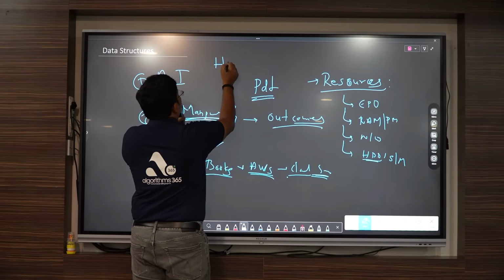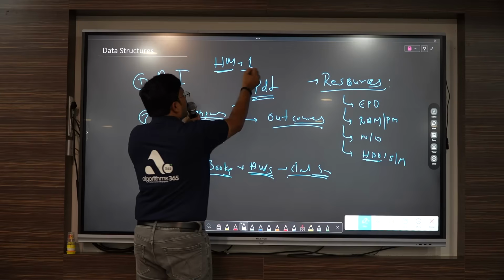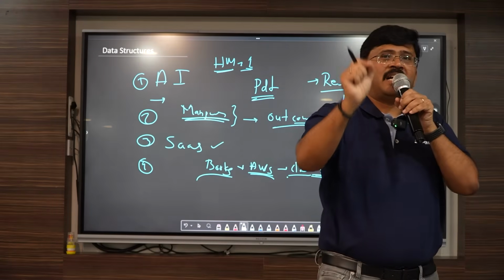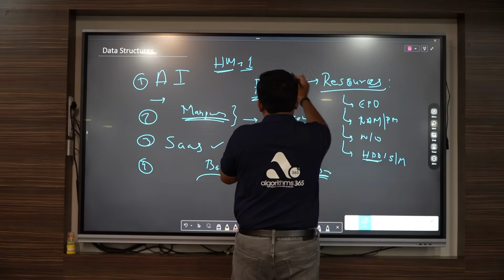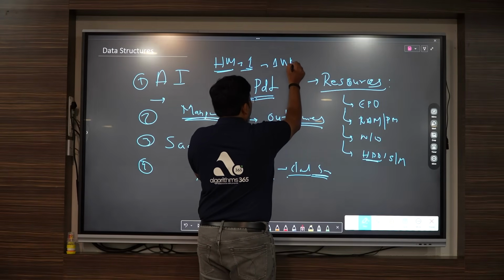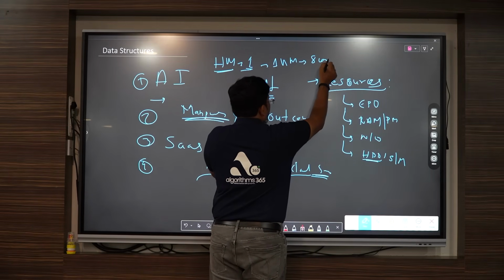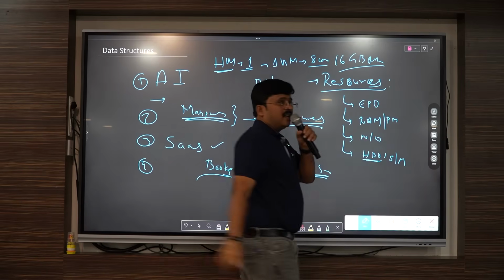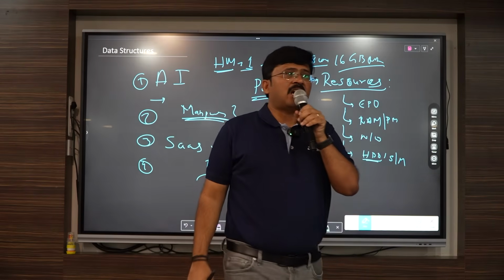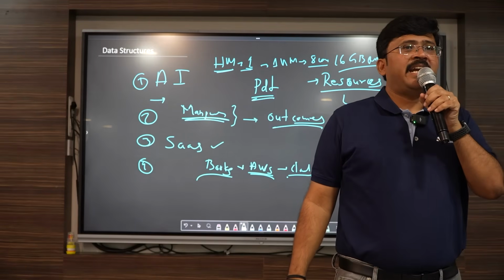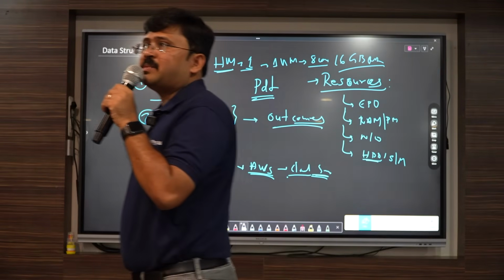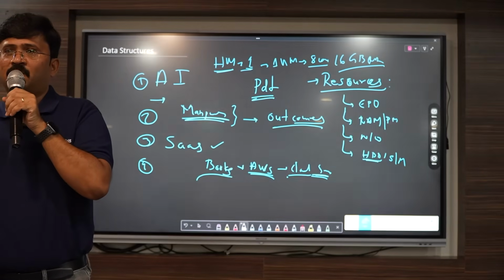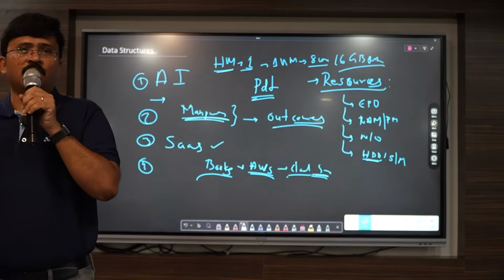Homework number 1: go to AWS and Azure and figure out how much the cost of one virtual machine with 8 core CPU and 16 GB RAM is. How much per month do they charge as rent for that on AWS? This is the homework. Tomorrow I'll ask the answer. Compare that price on Azure.